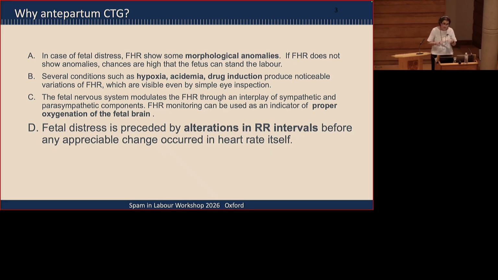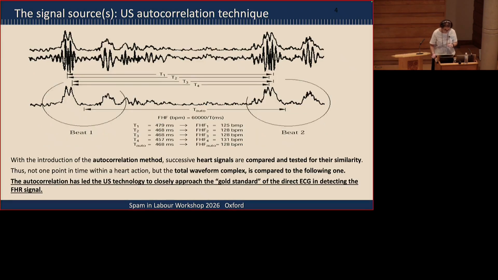As fetal distress is often preceded by changes in RR interval, the measurement of RR interval is very important to proceed with this early identification of possible fetal diseases.